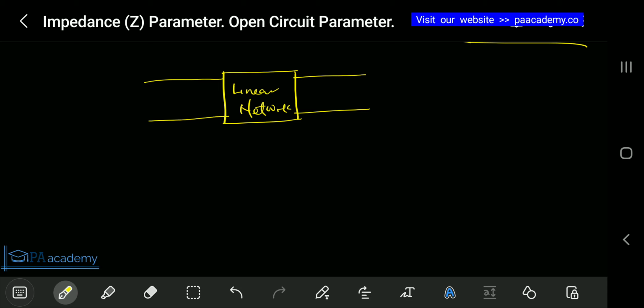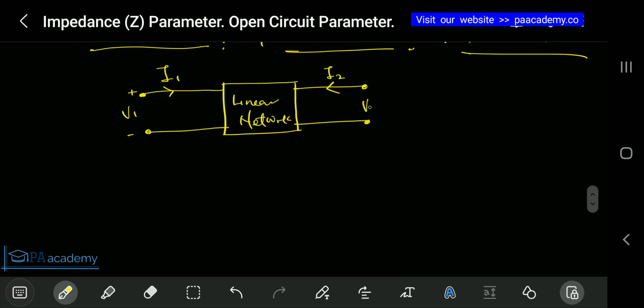In the two-port network, you are going to have the input current I1, and then your V1, and don't forget the polarity. This terminal here is the positive and this will be the negative. And then on the other port, this will be our I2. Then let's also indicate our V2 here, with the positive and the negative terminal.